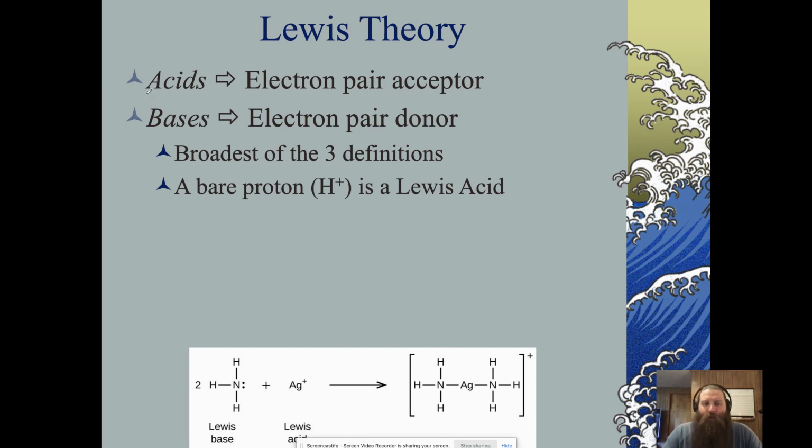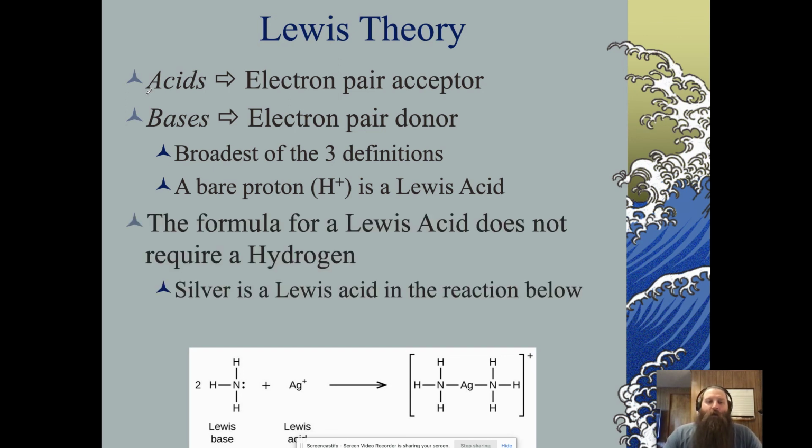Now, in this definition, just a proton floating around is an acid, all right? And if you are just talking about electrons moving, you don't even need a hydrogen in order to get an acid. So silver, in this example we have down here, is acting as a Lewis acid because it is accepting electron pairs. These two pairs, there's two of them, because we have two.